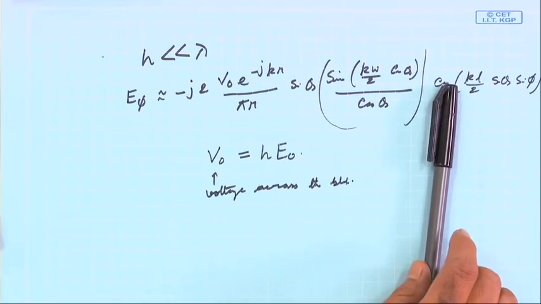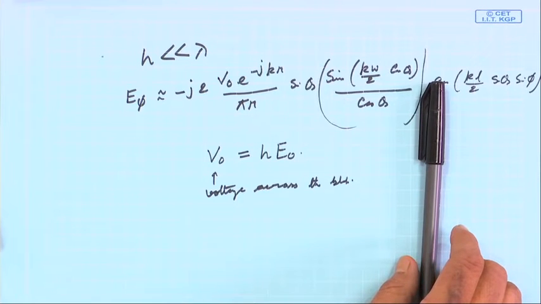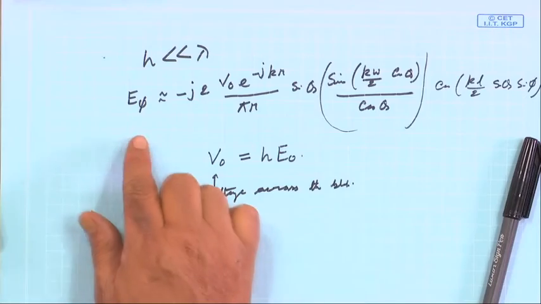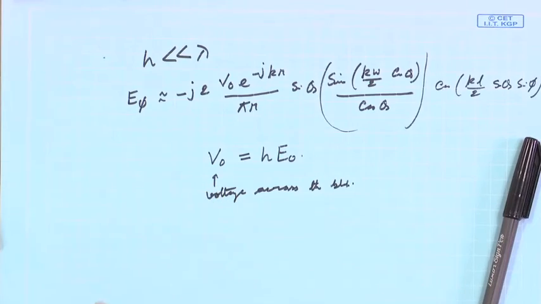Okay. From this, since you have E phi, you will also have H theta. Now you can find the power radiated, and if you want to radiate, it should have a radiation resistance.